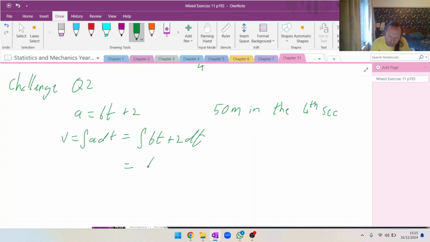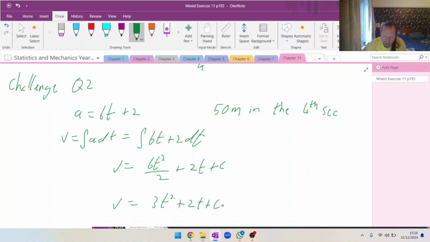That's 6t squared divided by 2 plus 2t plus c. So velocity equals 3t squared plus 2t plus c. Now then, if we want to know the velocity at t equals 5, we need to know what c is.